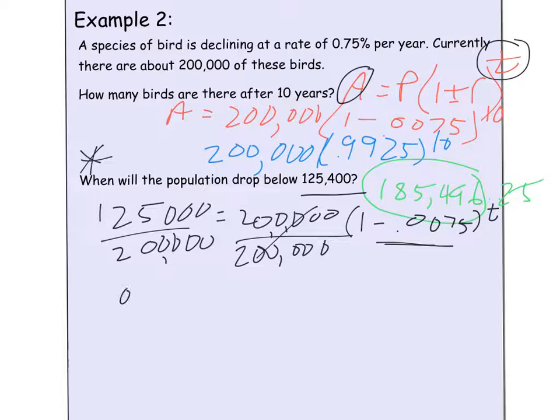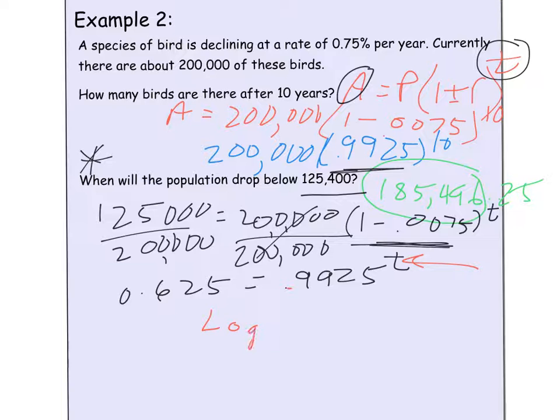I actually get 0.625 equals, now just subtracting this, that's that decimal that we have up here, 0.9925 to the t. So once again, my exponent is my variable. So that means my base is 0.9925.